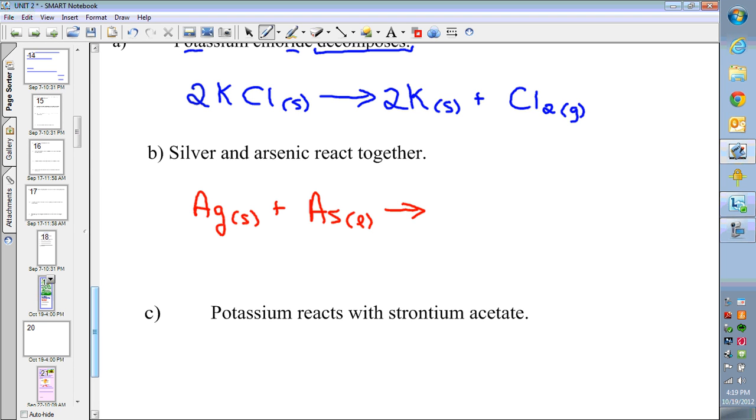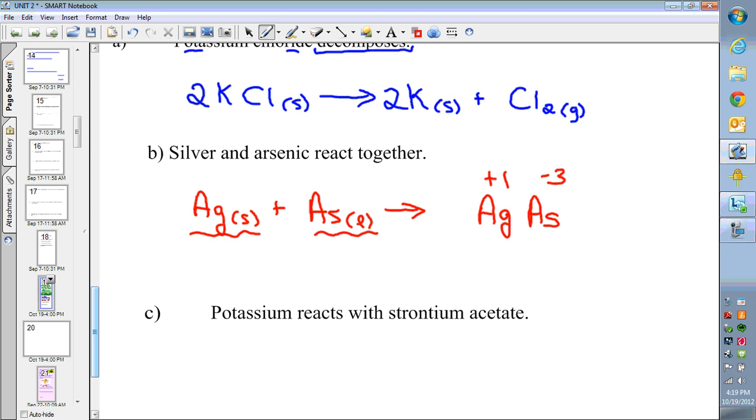Well, I don't know. But if I see an element and another element reacting together, we look at that as a formation reaction, which means 2 elements will combine to form a compound. So we'll react them together. We write silver and its charge, so silver +1. The arsenic ion is arsenide, and it's As -3.